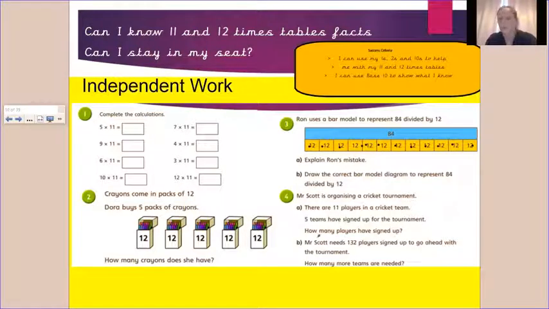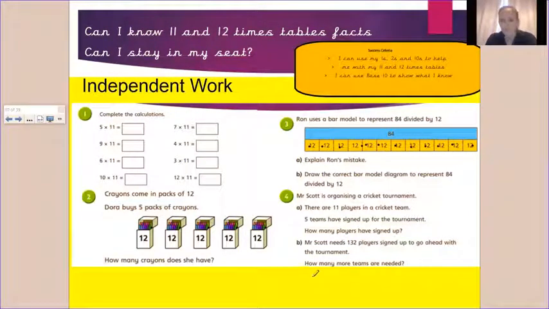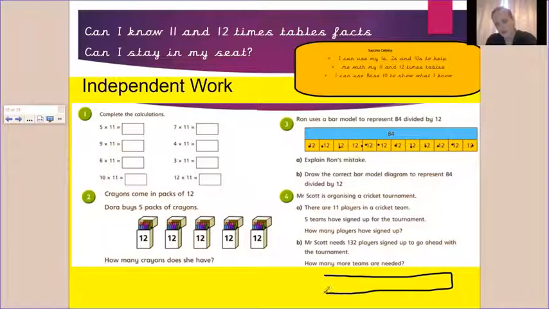So when we are drawing a correct bar model, let me see if I can get my shape pen. Okay, so with the bar model, this one would have been 84. Let me draw it again. Oh, my drawing skills on my mouse aren't very good, but you can see your bar model there should match the one at the bottom.